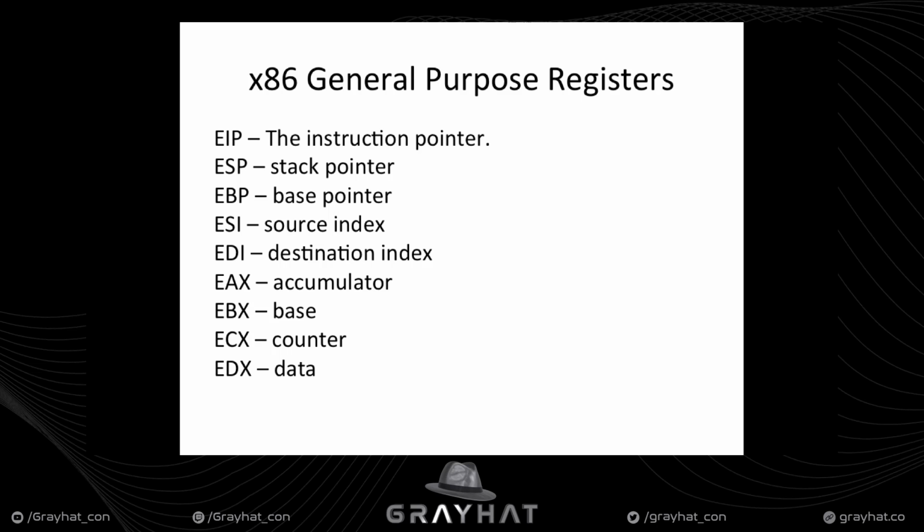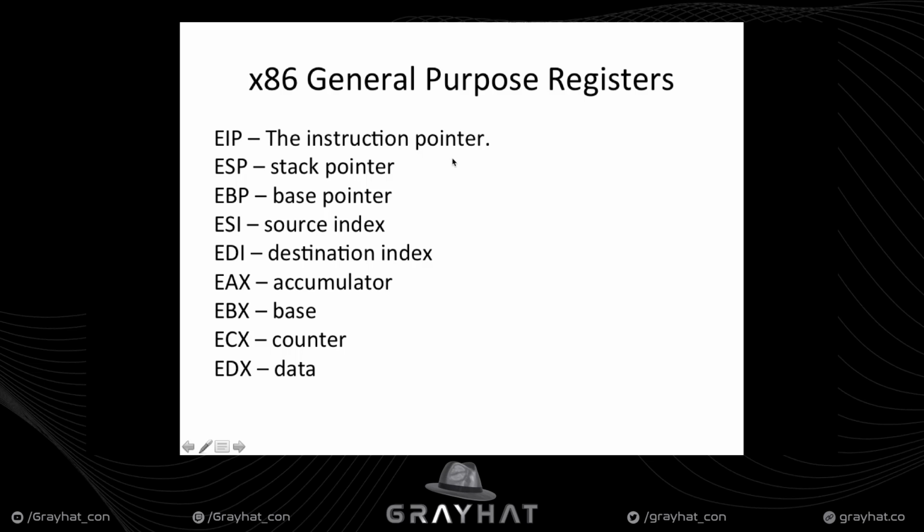It basically took the 16-bit registers and put an E on the front of them and made them extended for our 32-bit. And we actually really only have to, for this section, know the first three: EIP, ESP, and EBP. We will see an exercise that uses ESI, and if you continue in exploit development, you'll certainly end up using the others, but our most important ones are EIP, ESP, and EBP.